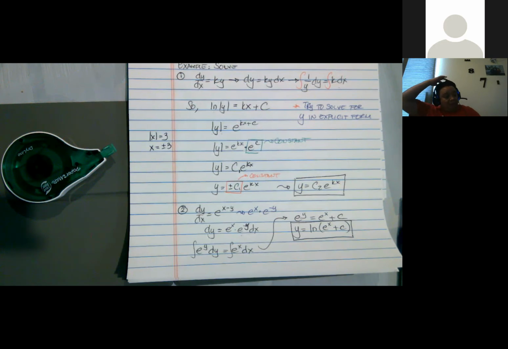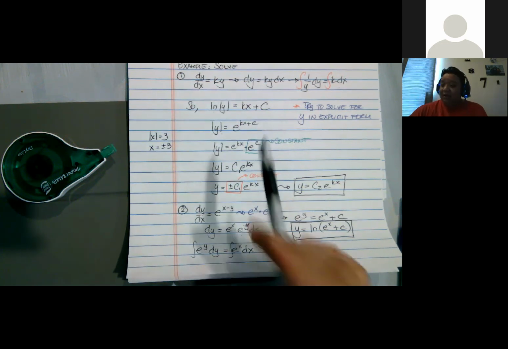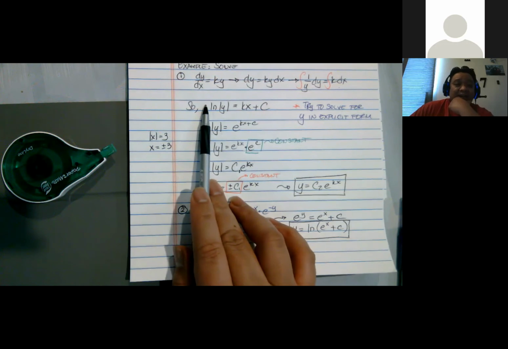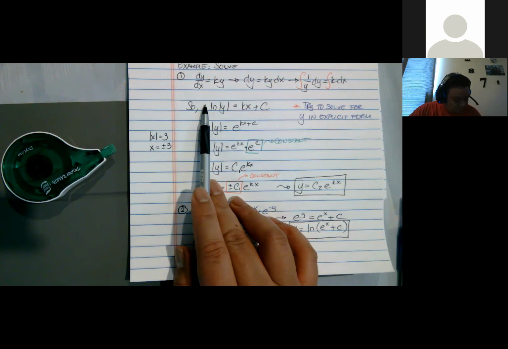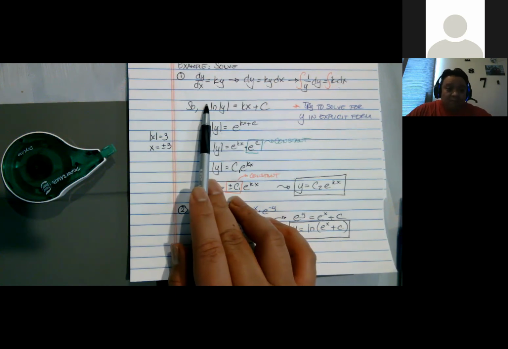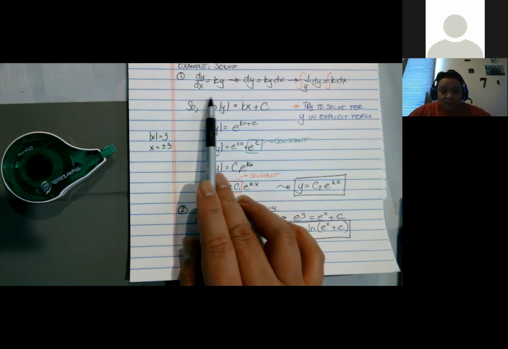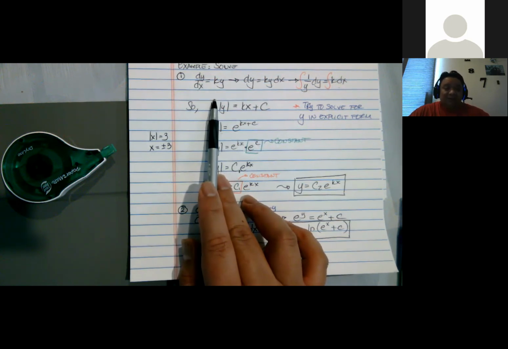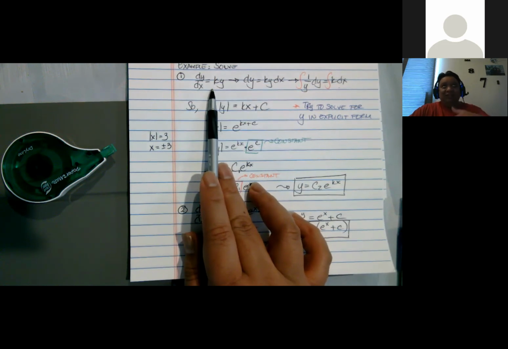Okay. Now I do want to ask, is the first equation linear or not linear? This one is linear, right? So it is linear, which means you can do this equation using the method we're going to go over in 2.3.